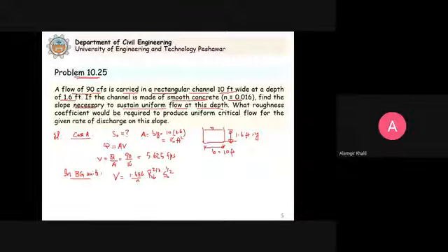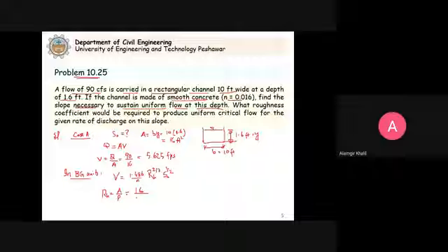Now in this case, RH we need to calculate. The hydraulic radius, we already know, is the flow area divided by the wetted perimeter. The flow area we have calculated is 16 square feet, divided by the wetted perimeter, which is the width of the channel plus 2 times the depth, that portion of the channel which is in contact with the liquid.